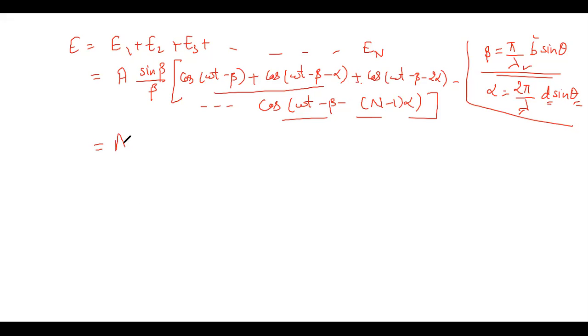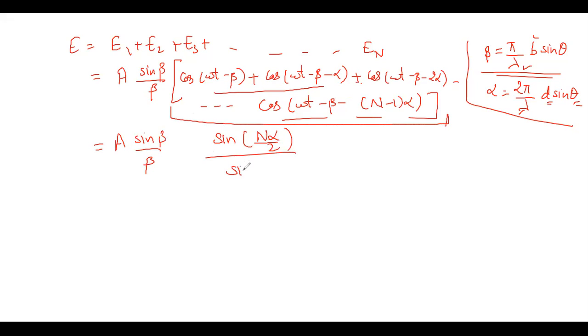For the summation of this term over here, all these cosine terms will be given by sine n alpha by 2 over sine alpha by 2, because you have n number of terms here. You are starting from 0, right?